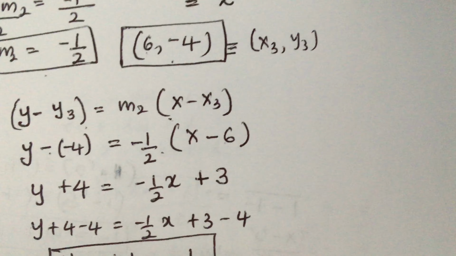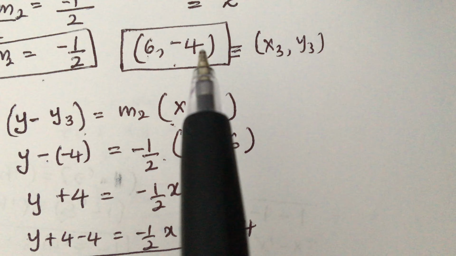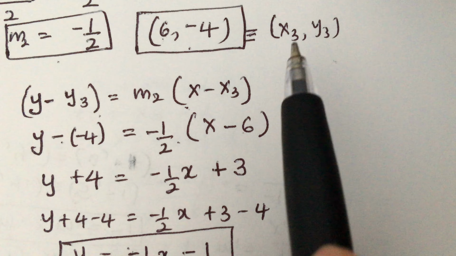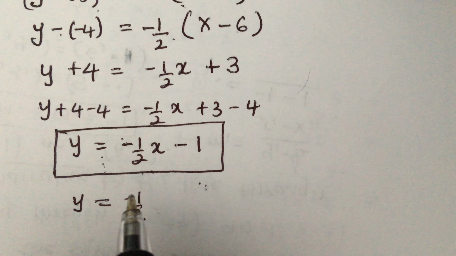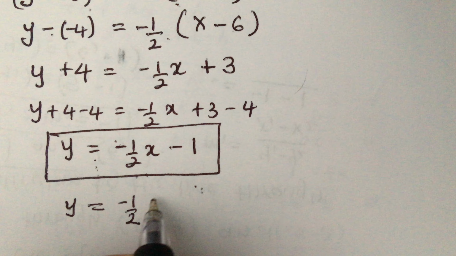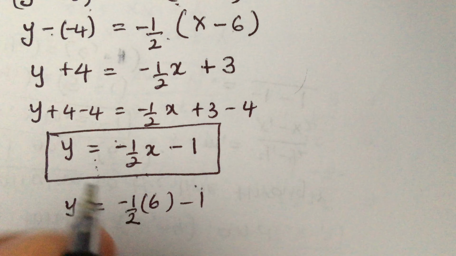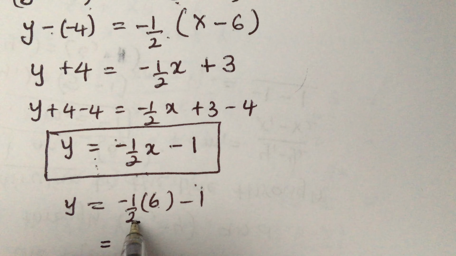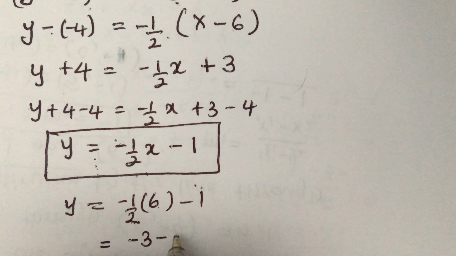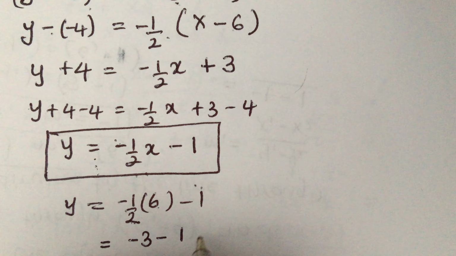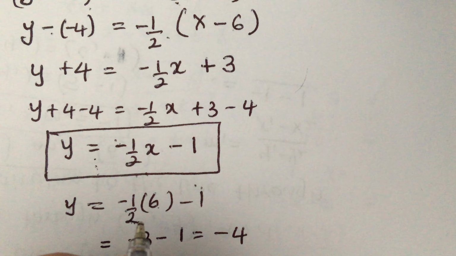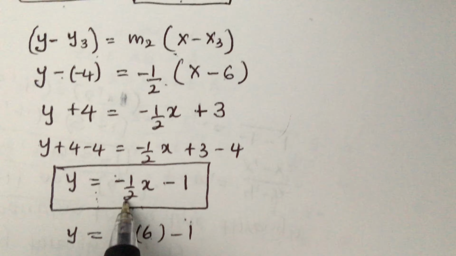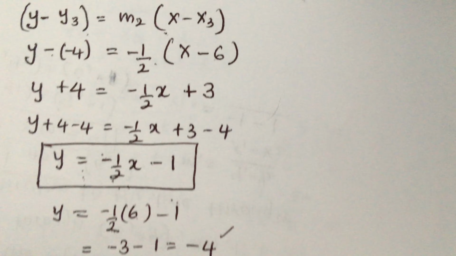Let's see if I can get -4 for y, right? So I'm going to substitute 6 as my x3 here. 6 times -1/2, so 6 divided by 2 is -3, and -1 gives you -4. Okay, so this point is on this line. So you can verify like that.